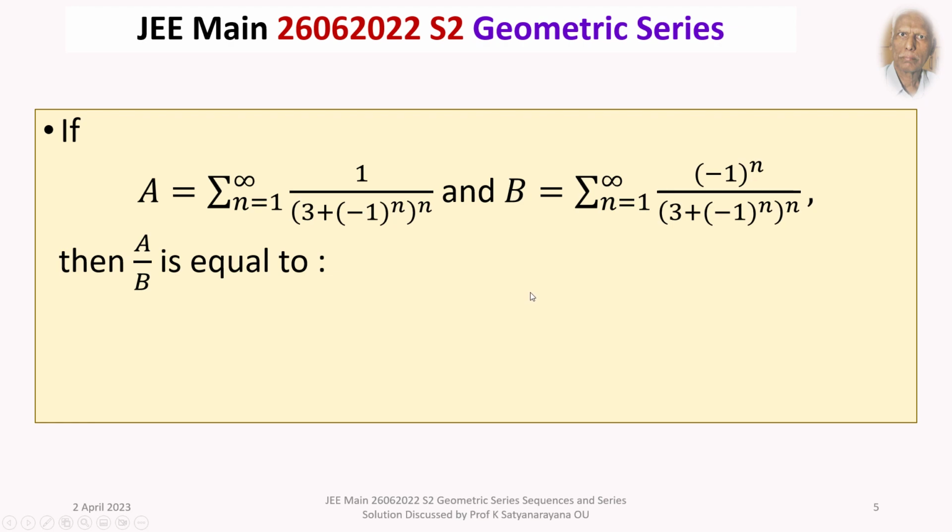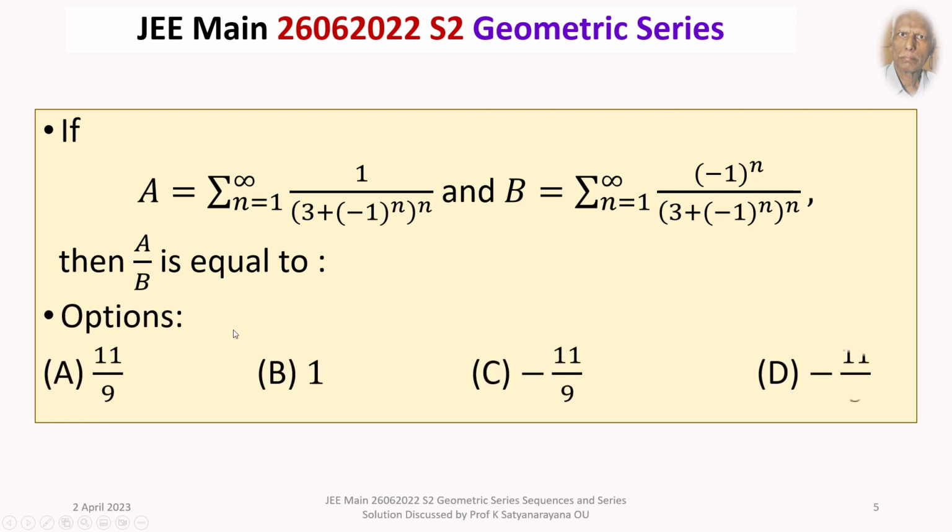We are required to find the value of A by B. We are given four options. Option A 11 by 9, option B 1, option C minus 11 by 9, option D minus 11 by 3.